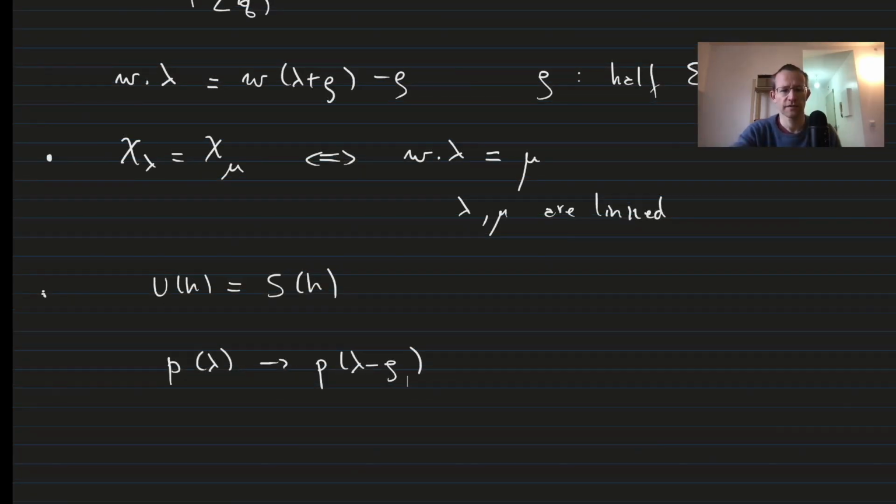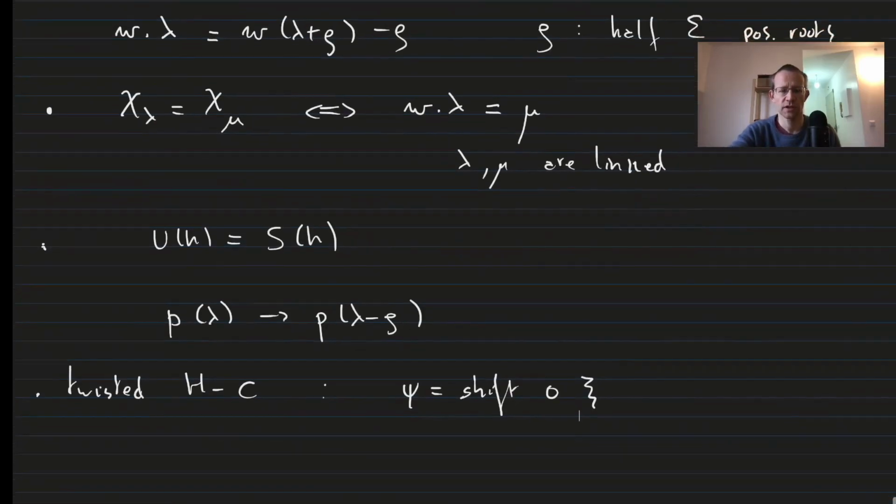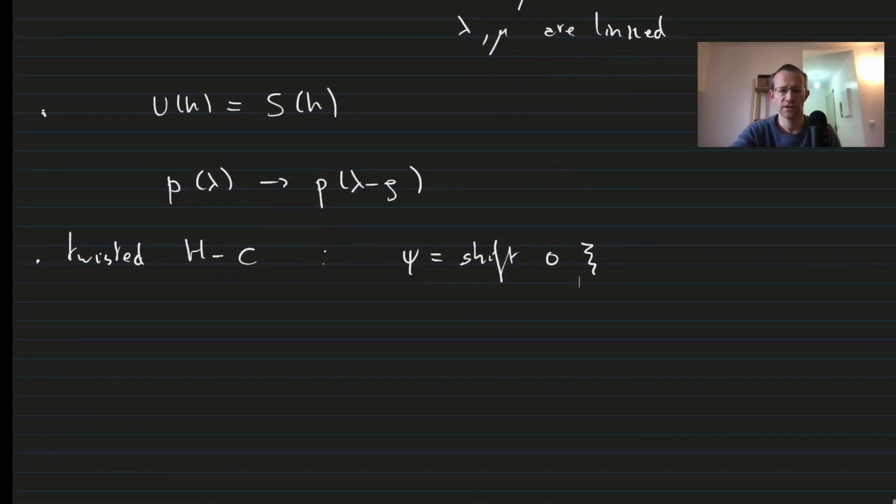Now we can shift or twist the Harish-Chandra homomorphism by this shift, and then it looks like psi, which is the shift acting after the projection map restricted to the center.